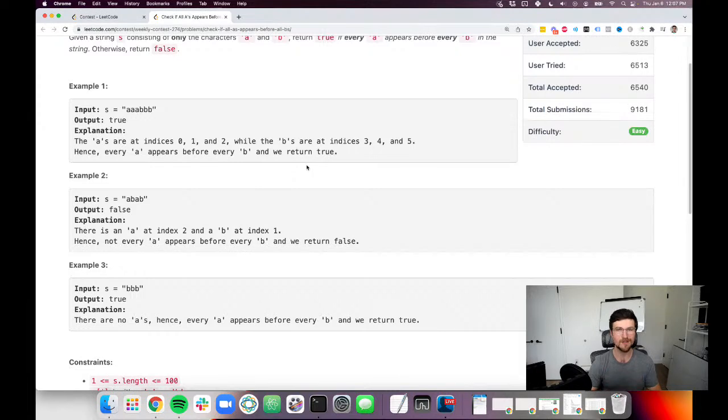It seems like the easiest way to do this is to check every pair of characters. In this case, A and B is correct, but we get to here, and this pair is incorrect. There's a B before an A, and so that is not going to be valid.